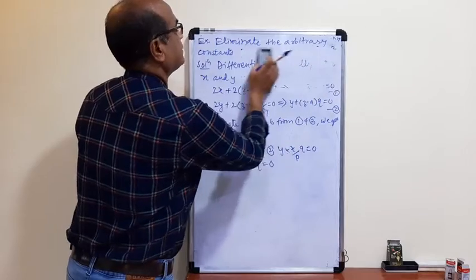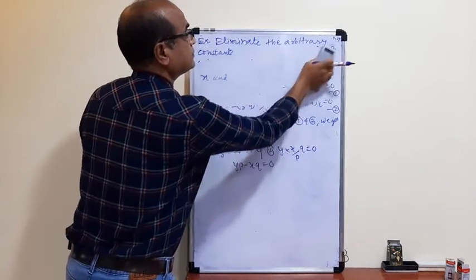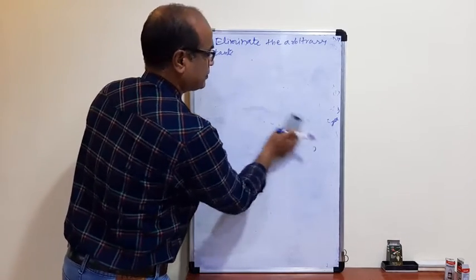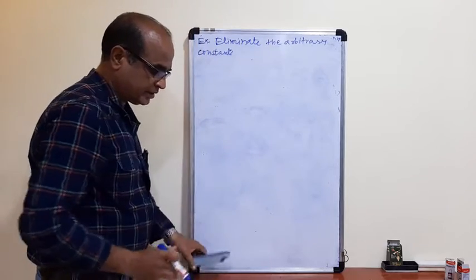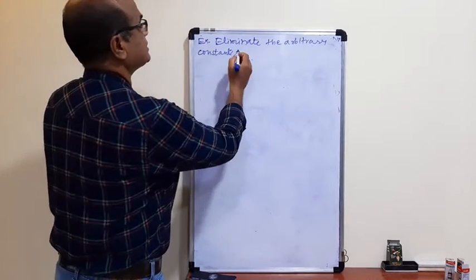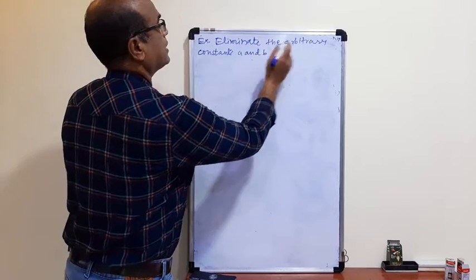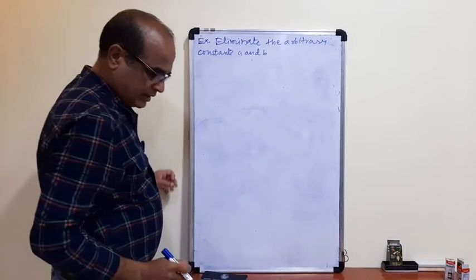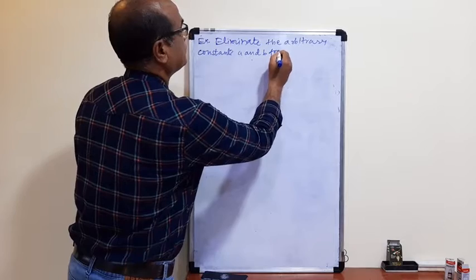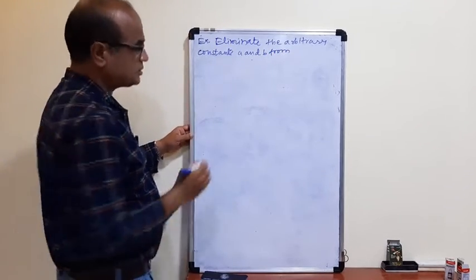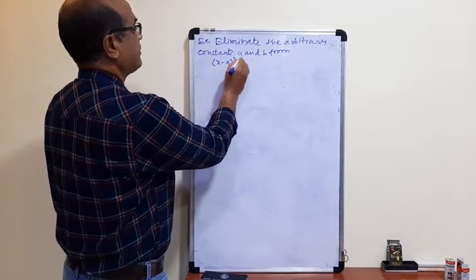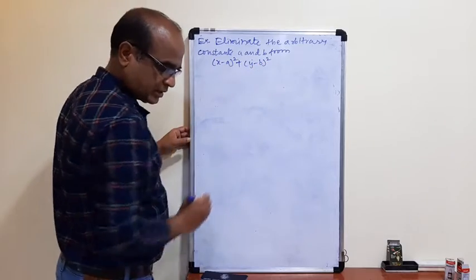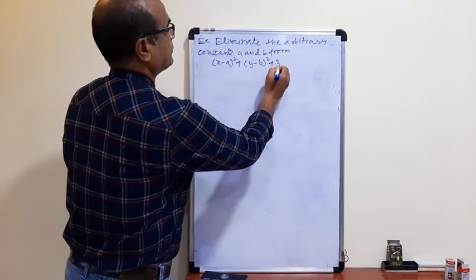Okay. So we take another example. Eliminate the arbitrary constants a and b from the equation (x minus a) square plus (y minus b) square plus z square is equal to 4.